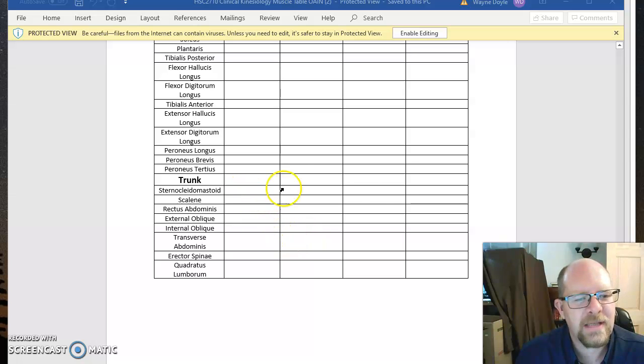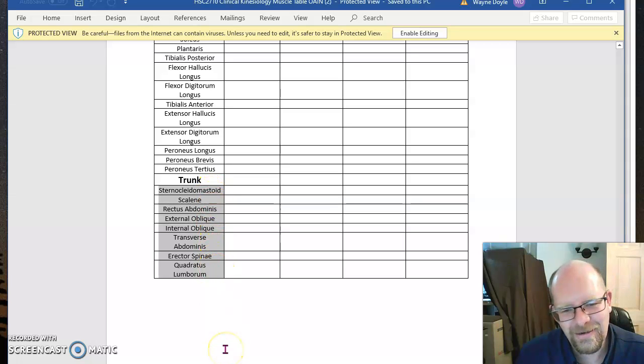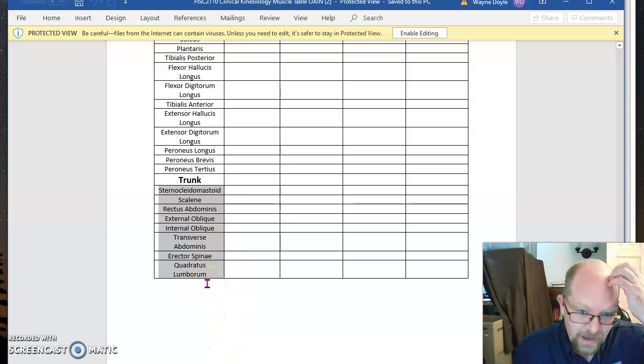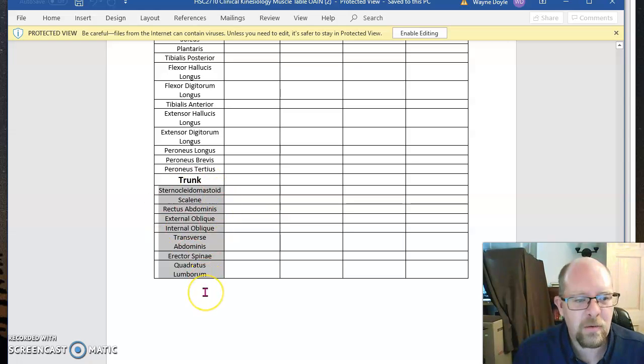The only ones that you need to know, origin, insertion, action, and nerve, are these that are listed here. So if I misspoke earlier a few minutes ago about a couple of these muscles, I apologize, but these are the ones that you are really responsible for. The others just recognize that they exist, and we'll go from there.